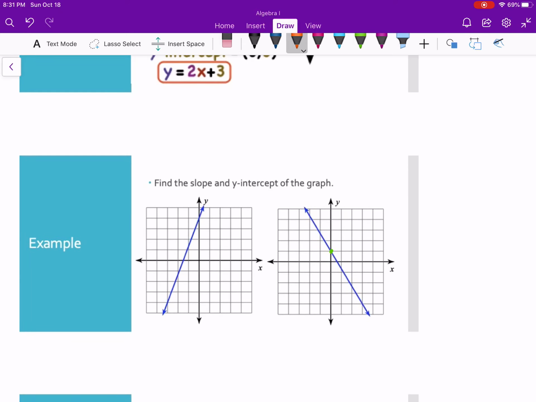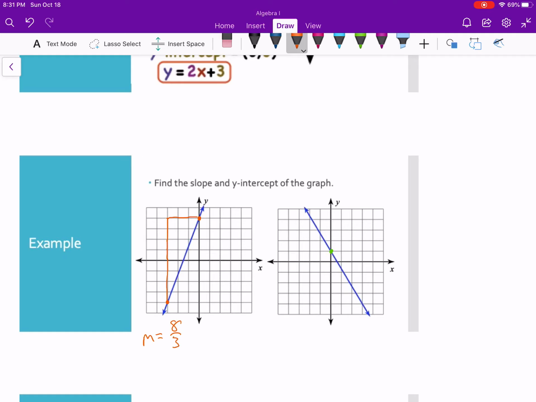So let's find the slope and the y-intercept of each graph. Let's first talk about slope. Remember, for slope, we need to find 2 points. So here's one, and then if we keep going, I see one up here. So if we count 1, 2, 3, 4, 5, 6, 7, 8 over 3, our slope is 8/3.